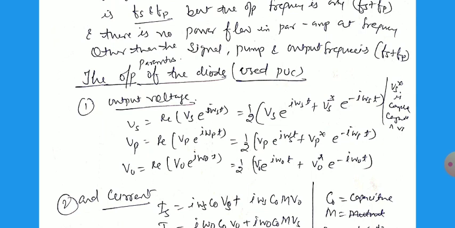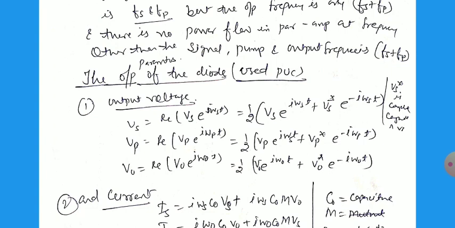Earlier we supposed that the voltage of the signal generator is the real part of Vs e raised to power iota omega s t, and this can also be written as 1 by 2 Vs e raised to power iota omega s t plus Vs star, the complex conjugate of Vs, e raised to power minus iota omega s t, and similarly Vp. Vo is related with the output voltage, that is the real part of Vo e raised to power iota omega o t, equal to 1 by 2 Vo e raised to power iota omega o t plus Vo star e raised to power minus iota omega o t.